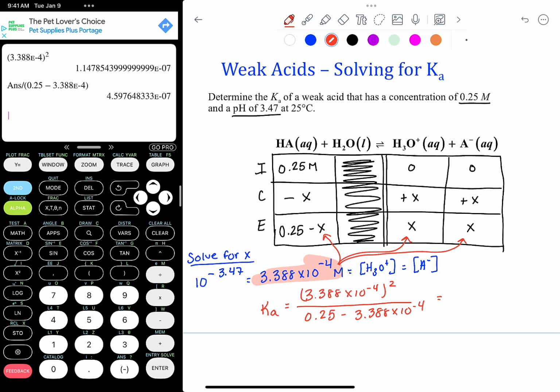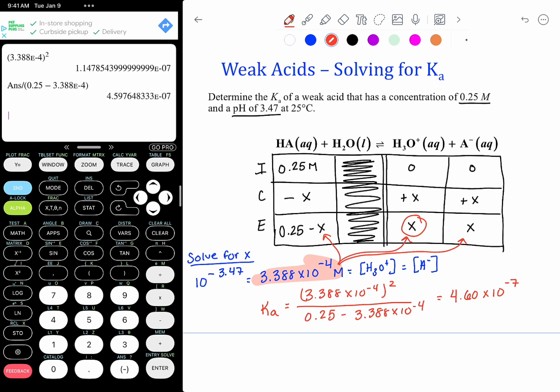So we get that Ka is 4.59, let's call it 60 for sig figs and rounding, times 10 to the minus 7 as our Ka value. So we worked backwards. We knew pH. That gave us information about our equilibrium concentration of H3O+. So we already could find X by just doing 10 to the negative pH.